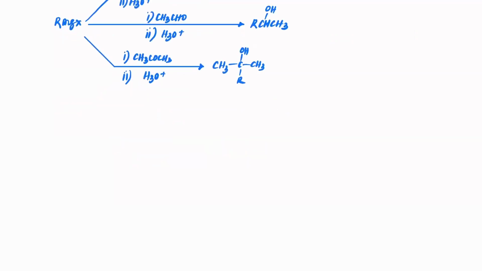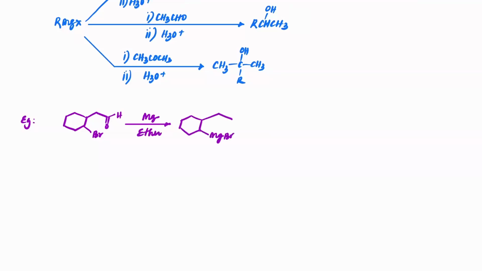See one typical example. If you have an aldehyde present here, and there is a bromine here, on reaction with magnesium and ether this will convert to MgBr, and the double bond to oxygen is present.